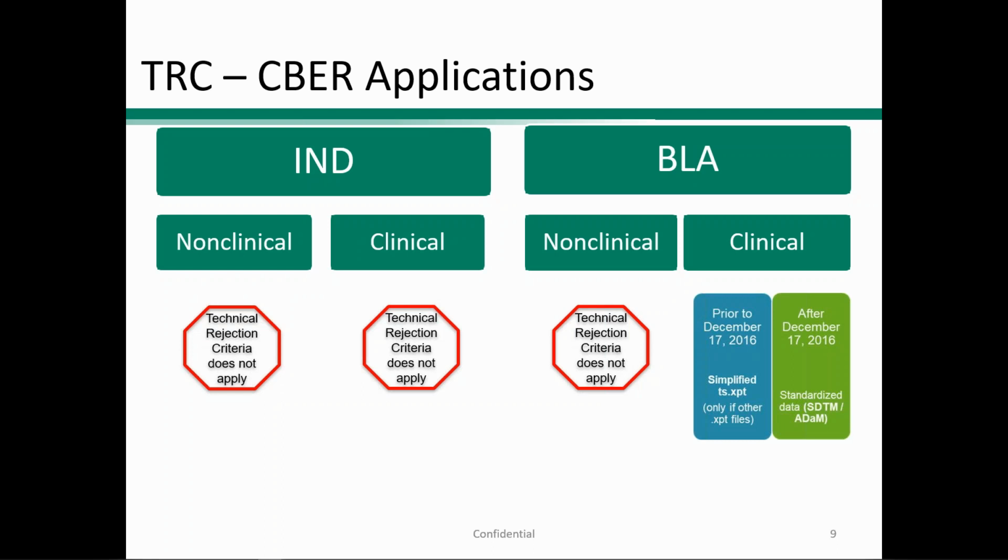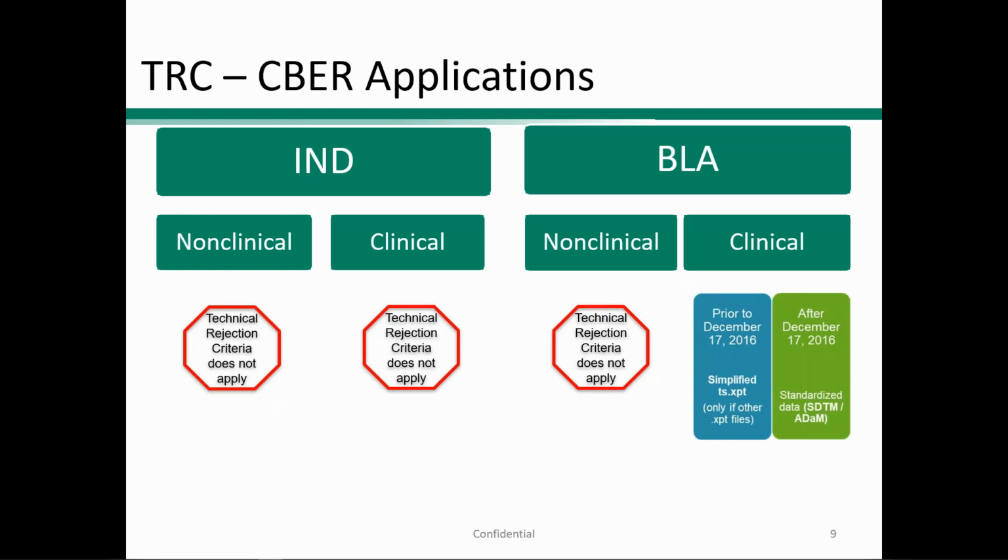If you're submitting a marketing application to CBER, then you do not have to submit any standardized data for your non-clinical reports. But if you do have clinical reports, they are going to be expecting to see something. So if you have a study that started prior to December 17, 2016, and you are submitting other XPT files, they're going to expect to see that trial summary data set included.